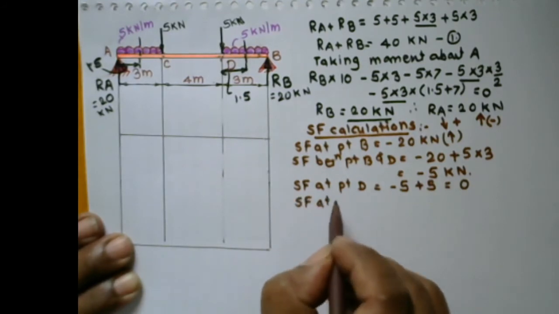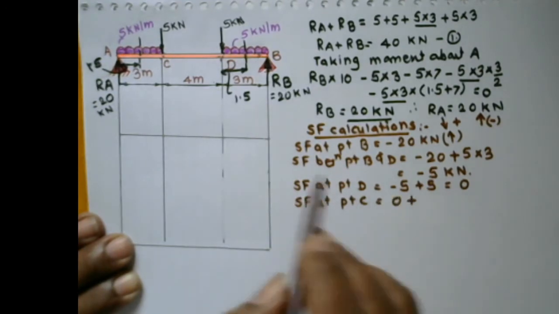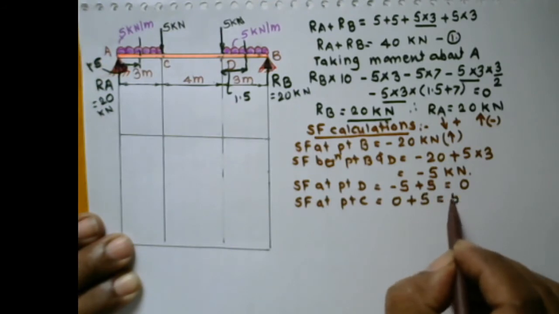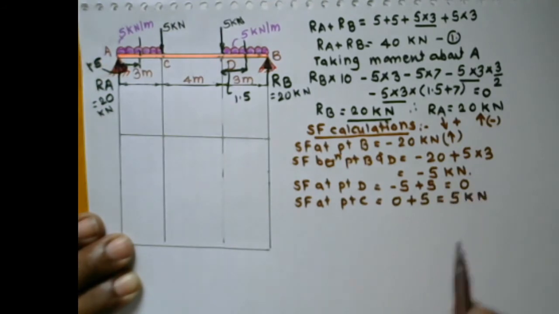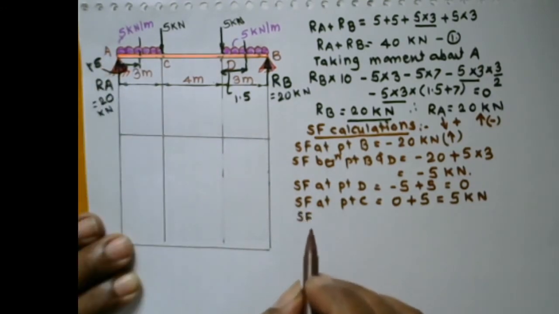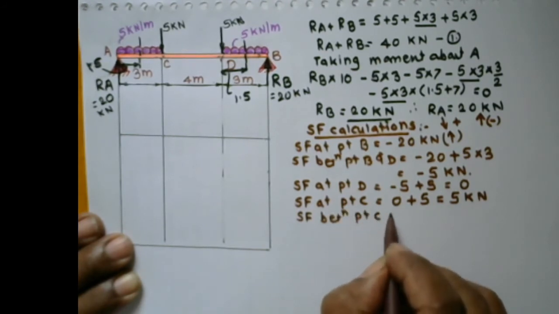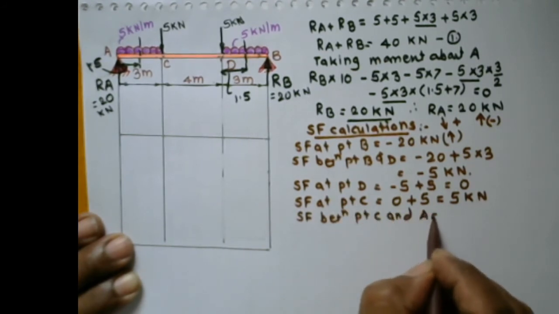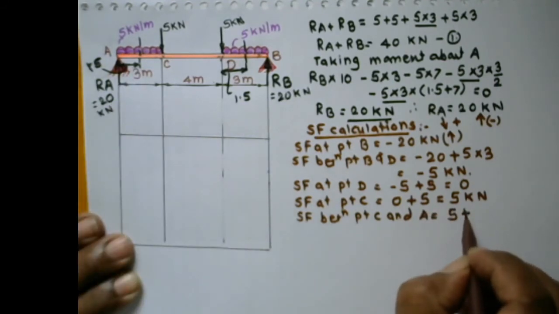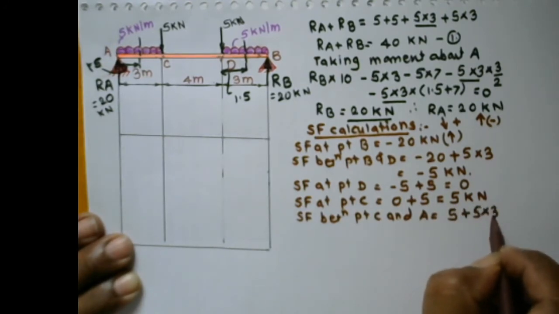Now next move to the point C. Shear force at point C, again here 0 plus at point C 5 kilonewton acting downward, so 0 plus 5 becomes 5 kilonewton. Now between the point C and A there is a UDL, so shear force between point C and A is equal to 5, and UDL is acting in the downward side, so again we have to say plus 5 into 3.